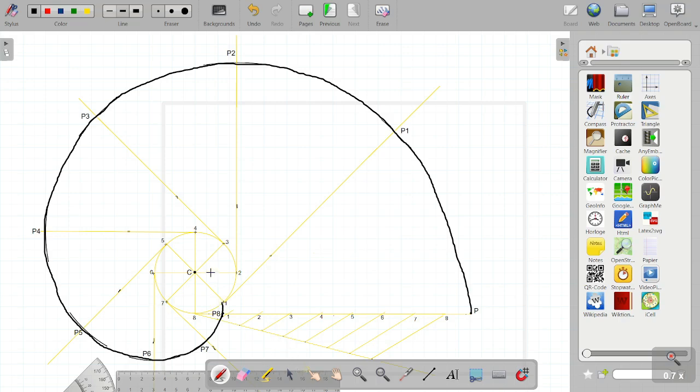So this completes the involute of a circle whose length of the string was given as 240 mm.